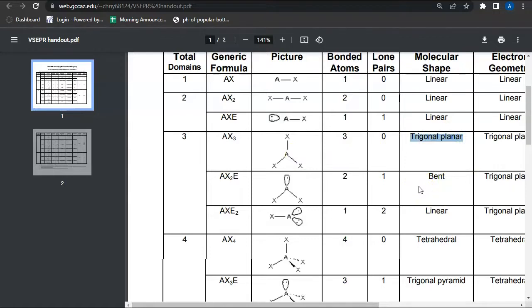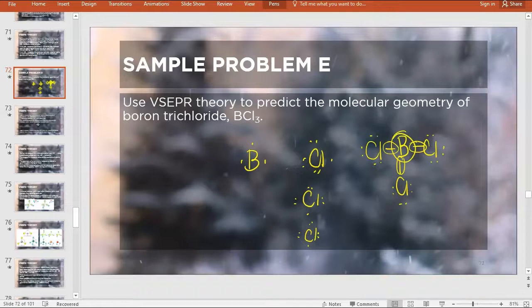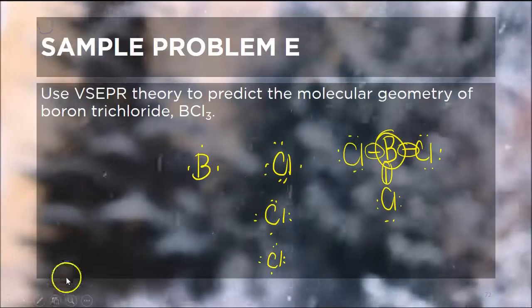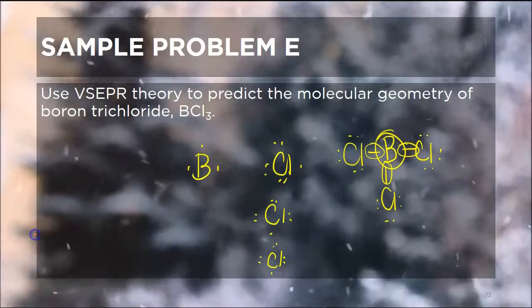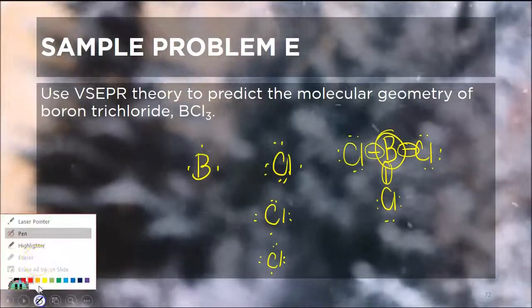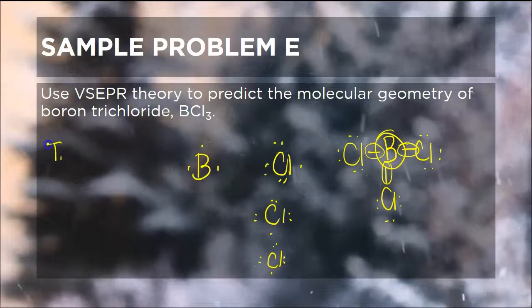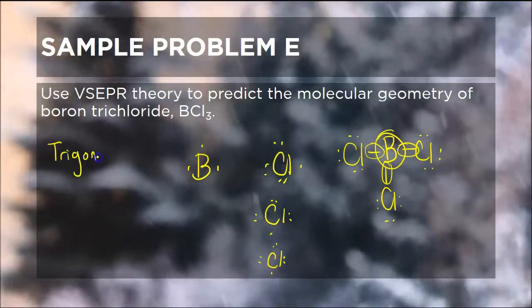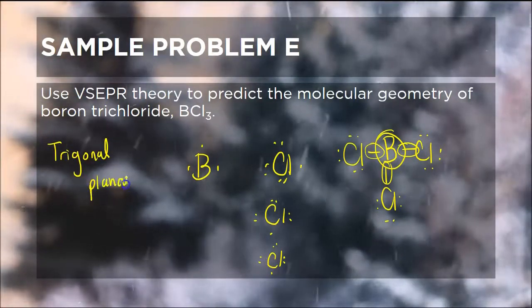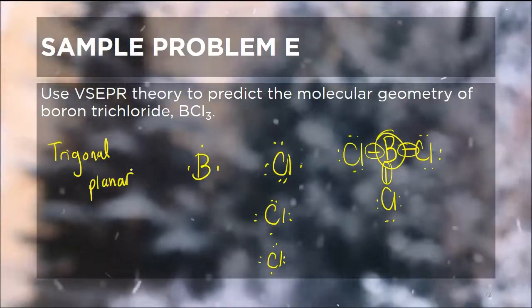Like if I could set that down, all the atoms would be in the same plane as one another, and it would lay flat. So that's what a trigonal planar molecule would look like. And when we build these in the lab, you're going to see in 3D what each of these shapes represents. But that would be trigonal planar.